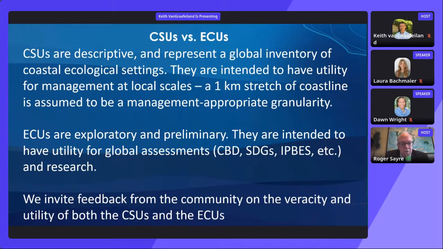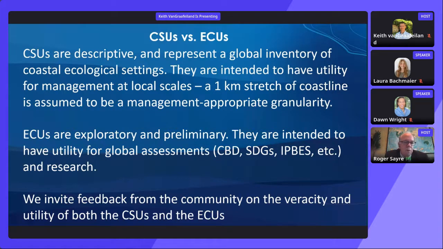The ECUs, on the other hand, are exploratory and preliminary. We think that they'll have utility for a variety of global assessments, such as the Convention on Biological Diversity Agenda, the Sustainable Development Goals, the IPBES activities, etc.